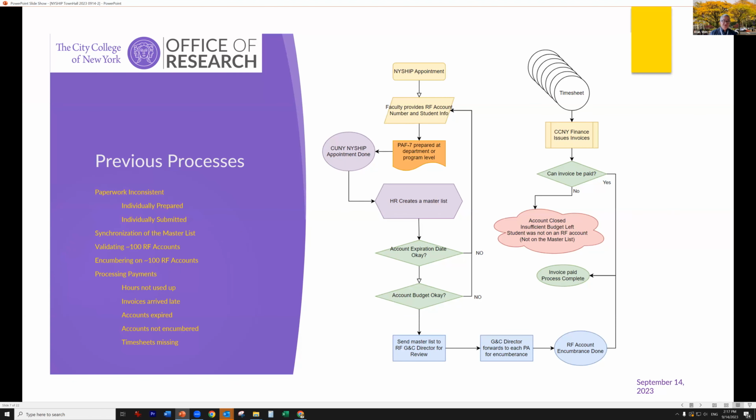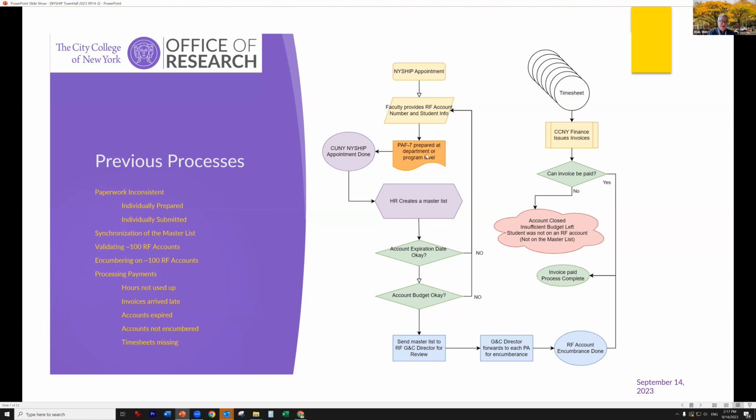So I know it's a busy graph, but it just shows you the many steps involved. We start with the appointments. The faculty, or the advisor, will provide the RF account that they want to pay for this NTA appointment, and then the student information.